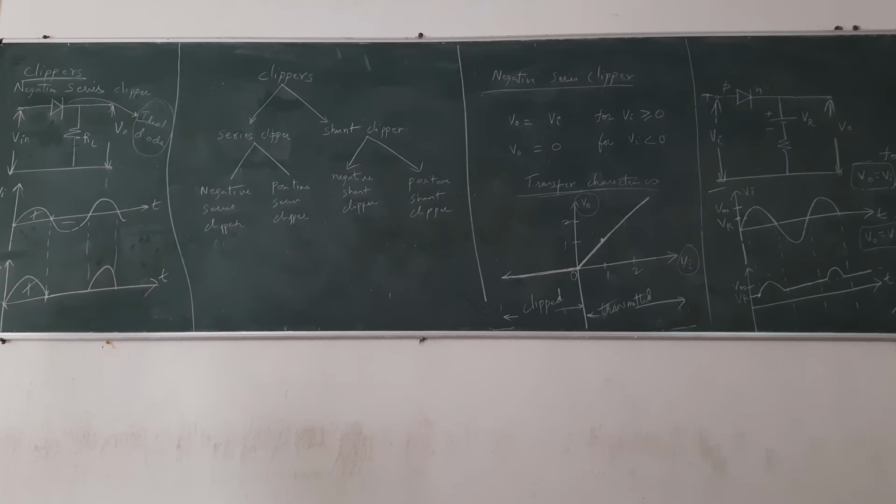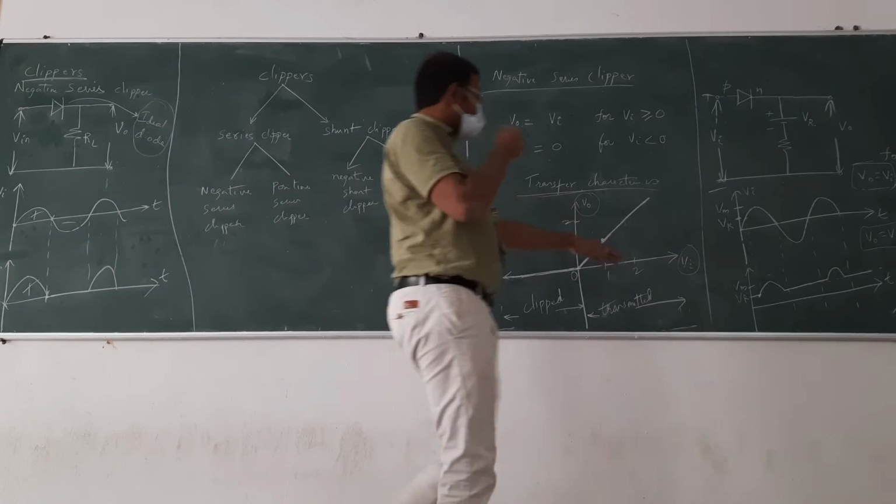How will the transfer characteristics be? Try to draw the transfer characteristics, V naught versus Vi plot.